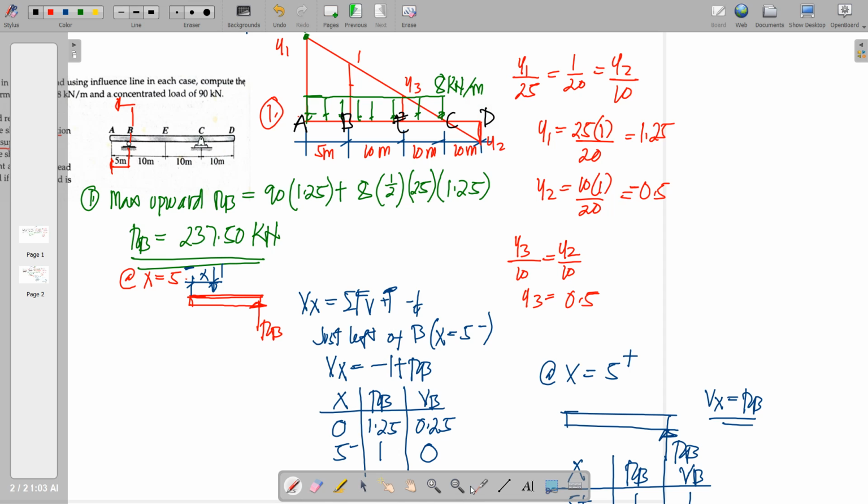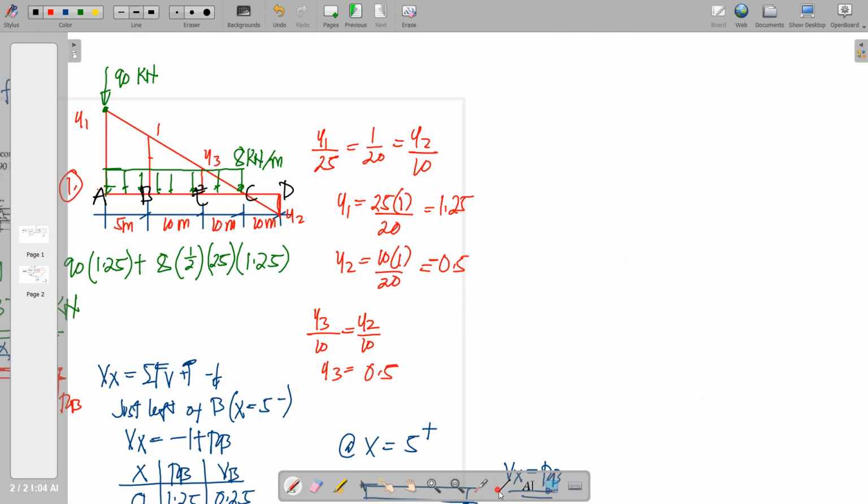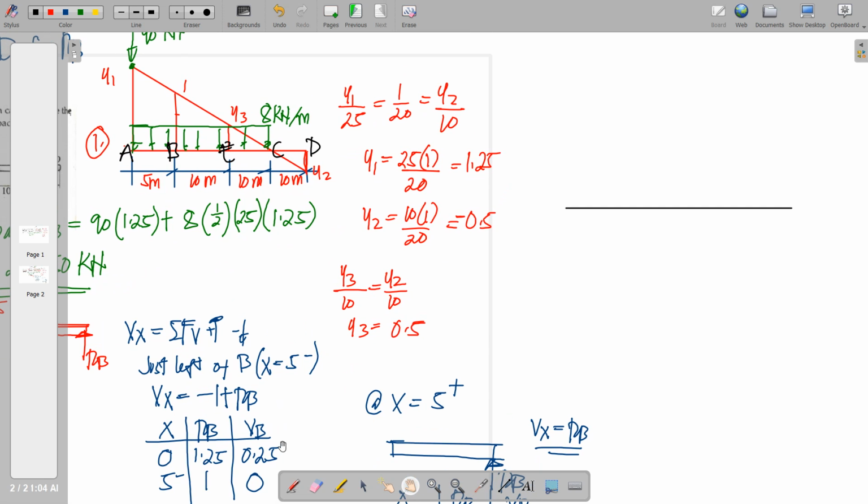So therefore, your ILD for that, say this is the beam, and we put the dimensions here: this is 5, 10, 10, and 10.